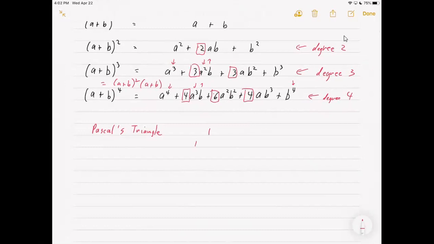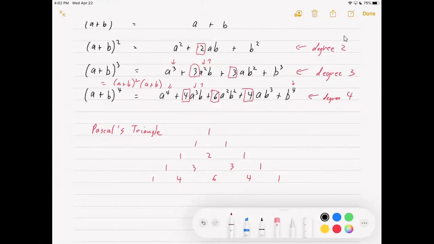So if I were to write what we have so far in terms of numbers, you may notice a pattern. In fact, pause the video and stare at this for a few moments and see if you can figure out the pattern.